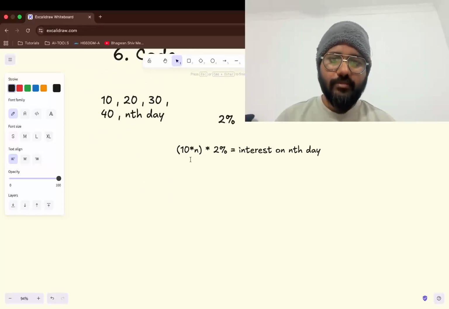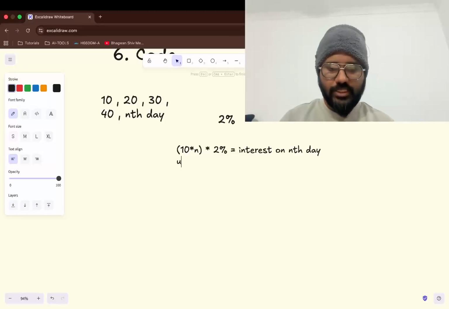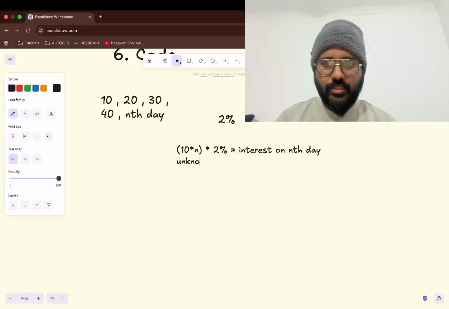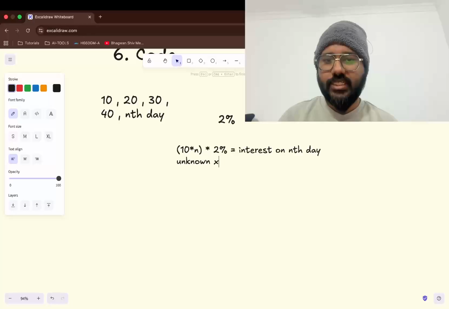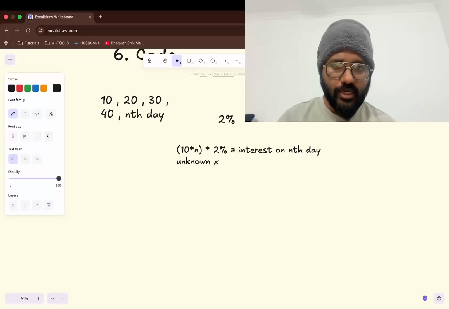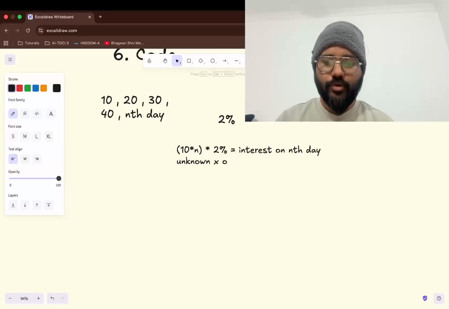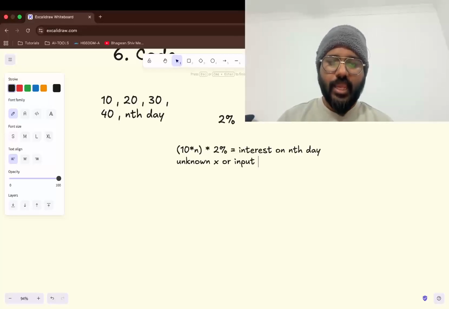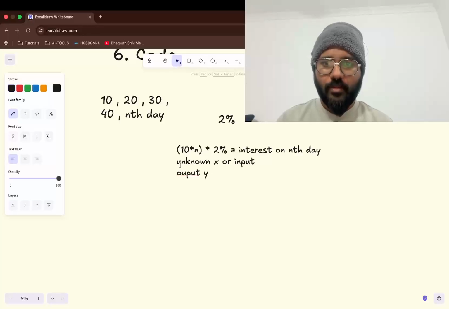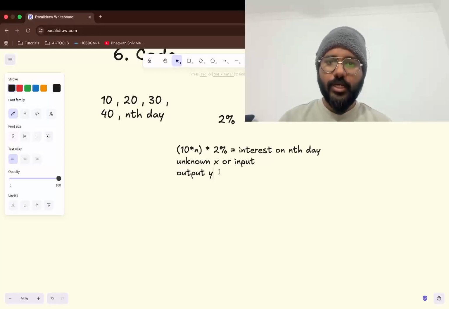In general, in mathematics, we start with the unknown. This is just a placeholder convention that we follow. We represent it like x. X is an unknown, or input basically, and output is generally represented as y. Got it?